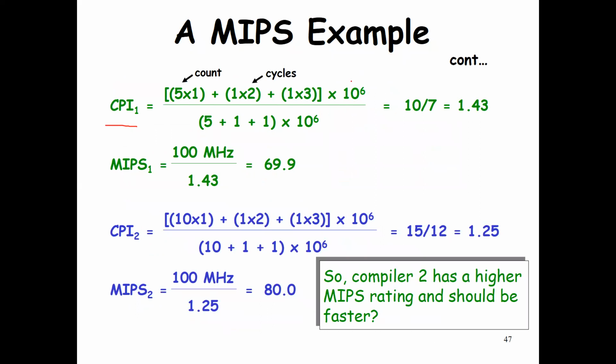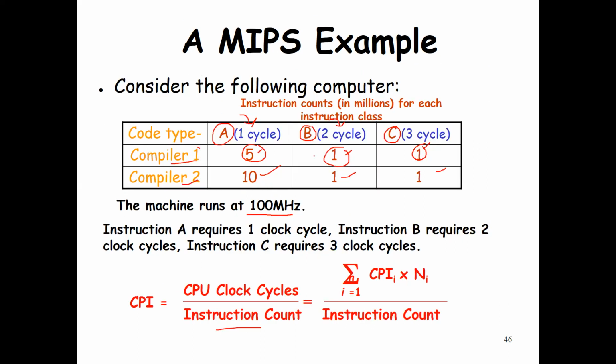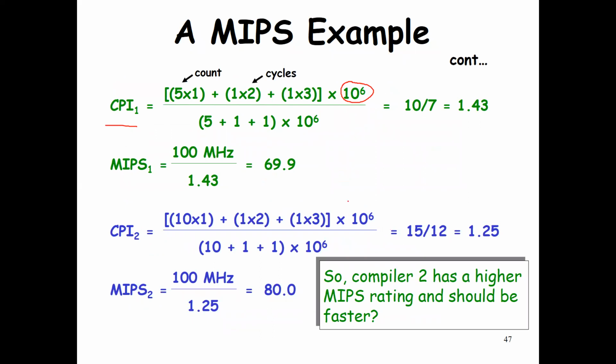Into 10 to the power 6, because we are calculating MIPS, which stands for millions of instructions per second, divided by the instruction count in millions, 5 plus 1 plus 1 into 10 to the power 6. The 10 to the power 6 cancels out. The result is 1.43 for CPI 1.